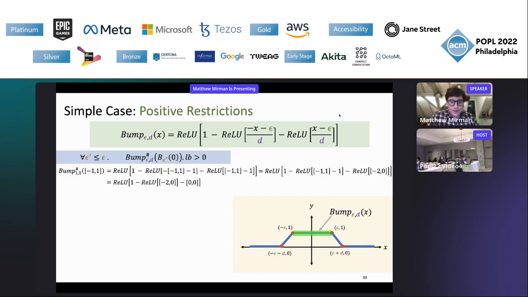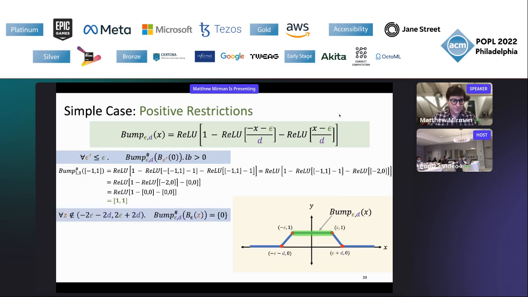So we get from ReLU of -2 to 0 the interval 0 to 0 again. So finally, we have ReLU of 1, which results in the interval 1 to 1, which is clearly greater than 0.